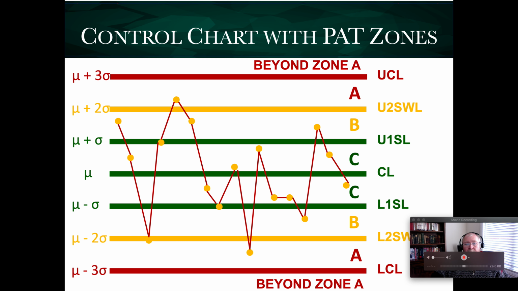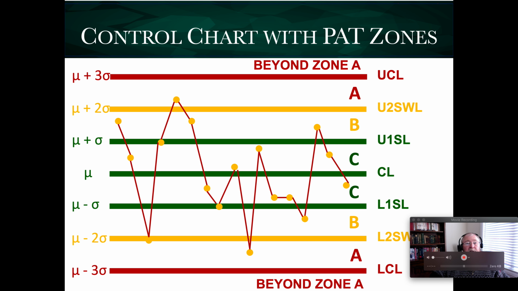But on each chart, imagine that we have the data itself and whatever lines that we want to add to the chart. So we're going to have the vertical and horizontal coordinates. The vertical coordinate will be the value of the thing that we are plotting. The horizontal coordinate will be the sequence, first sample, second sample, third sample, and so on.